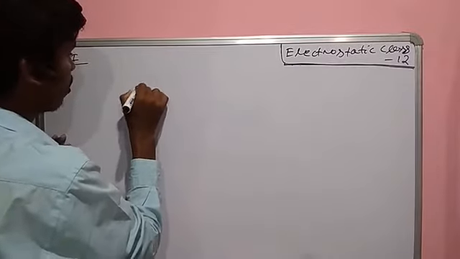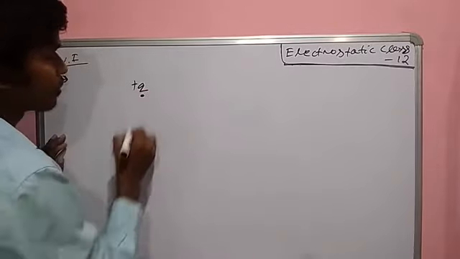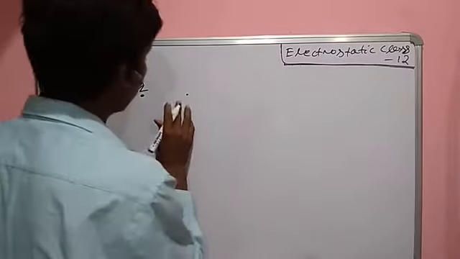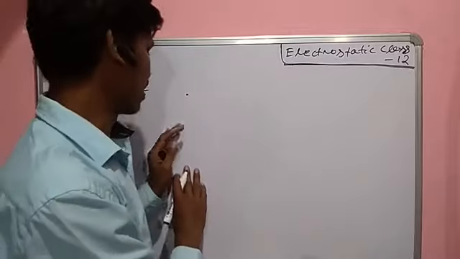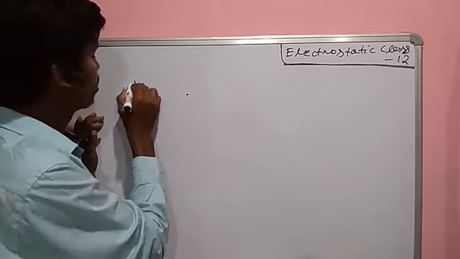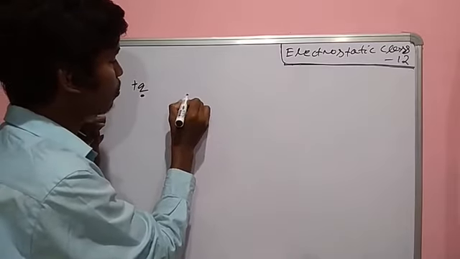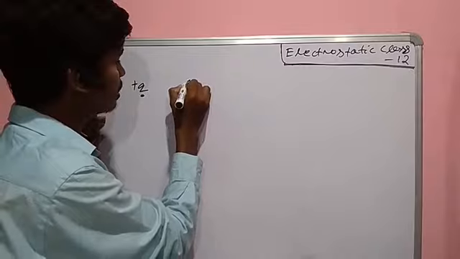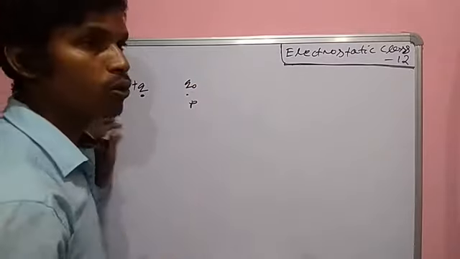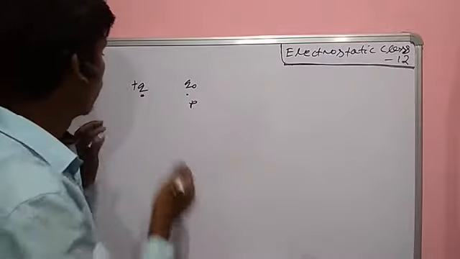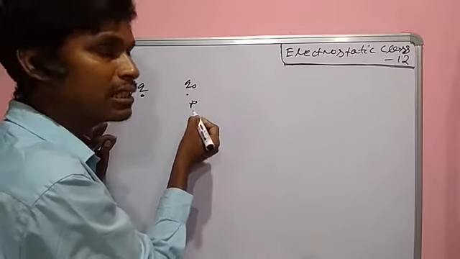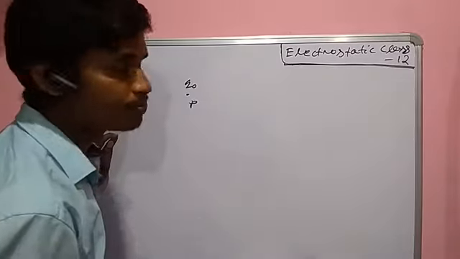Suppose the point is here, charge is positive charge here at some distance x or r, etc. Here positive charge, it is the source charge. Here the point P, here the charge is suppose Q0. We have to show that due to source charge, electric field at point P is what?